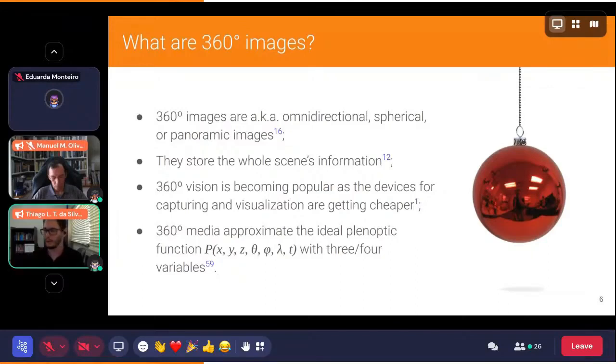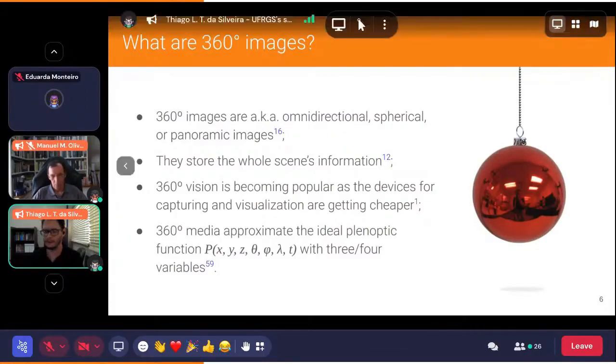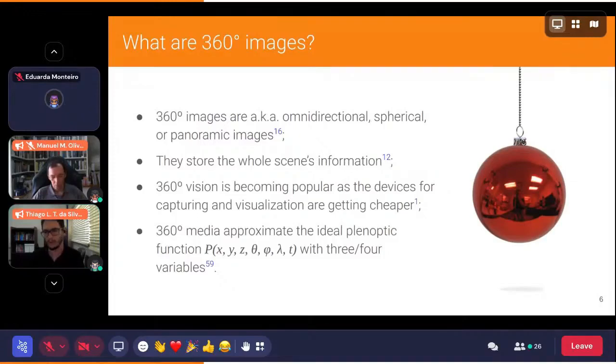So 360-degree media capture the complete scene information along time if we're talking about videos, but of course we cannot capture this information from any position. So we have to locate the camera in different parts of the world to capture this different data.